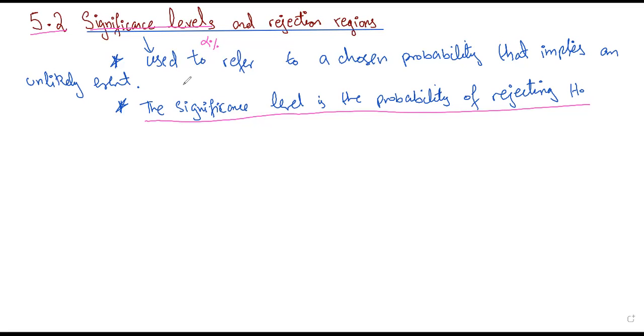Number one, significance level would be given as a percentage. Just like confidence interval, you had questions with 99% confidence interval, 97% confidence interval, etc. Just like that, this would be given in a percentage. I have just used the word alpha.